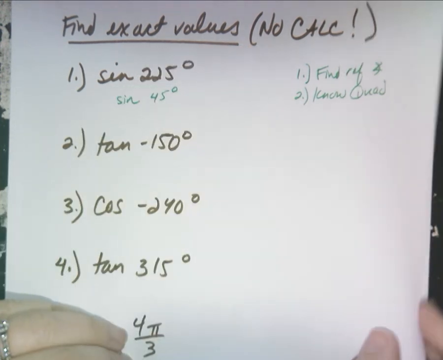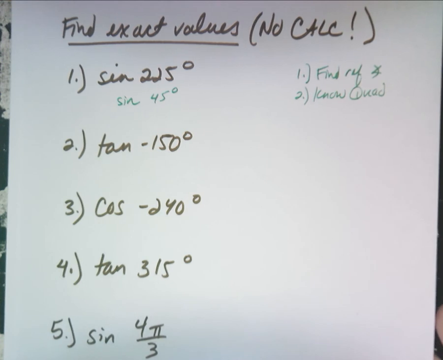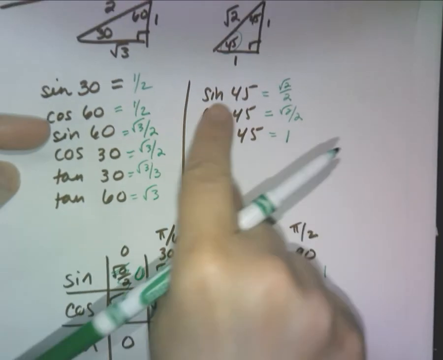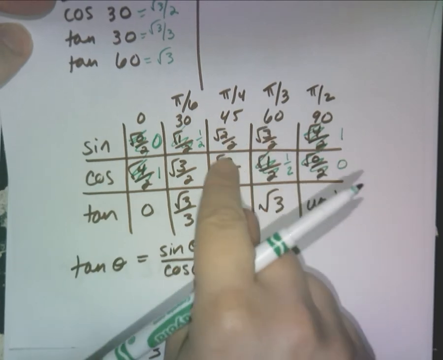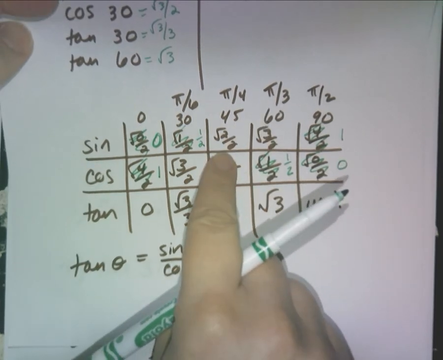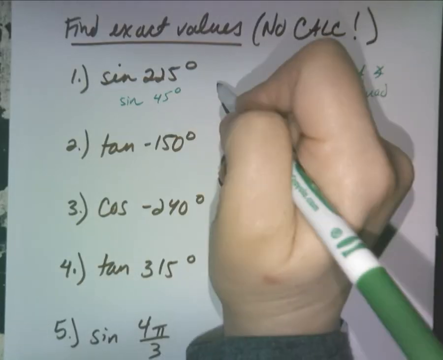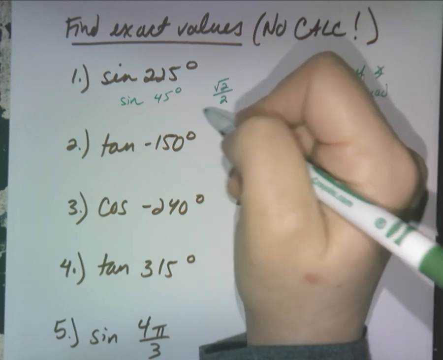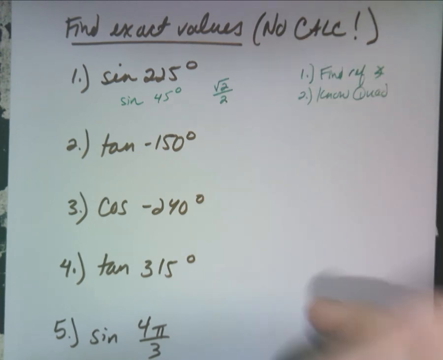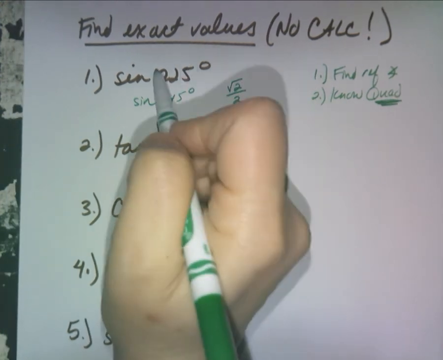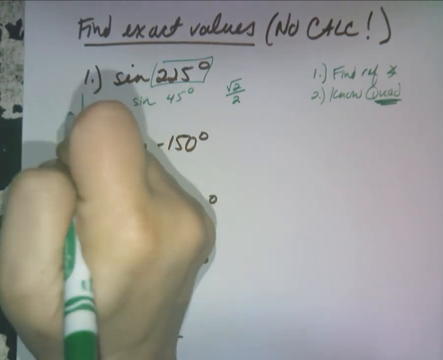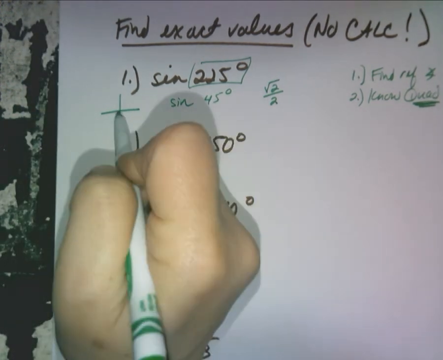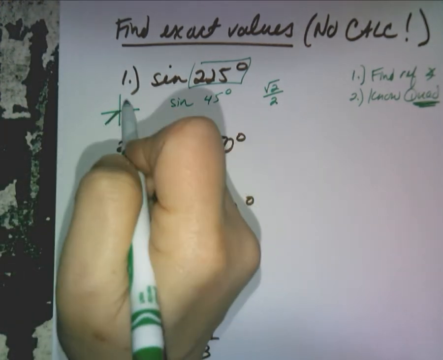So you are going to go to that little chart you made, or the triangles, and you're going to find out what sine of 45 is. What's the sine at 45? What does it say? Root 2 over 2. So my answer is root 2 over 2. However, it might be a negative or a positive depending on what quadrant I'm in. Well, how do I know what quadrant it is? Well, go back to the original, draw it for me. 225 is here.